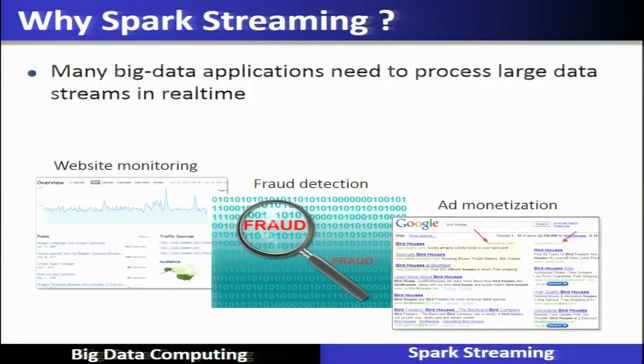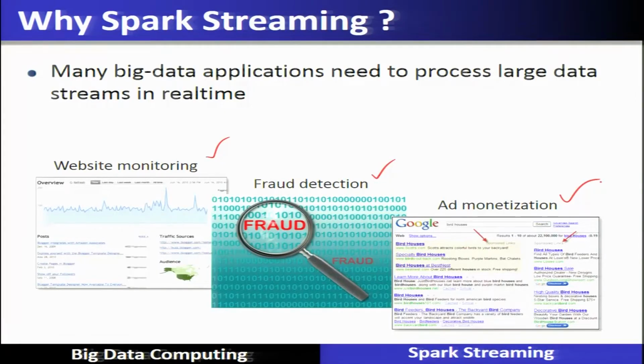Many big data applications need to process large data streams in real time, such as website monitoring, where sometimes it is required to see the loads and hits coming to the website, and whether the performance of the website is going well or not, has to be monitored. Similarly, online transactions for the bank or credit card also need to be analyzed in real time. So that becomes a streaming data application.